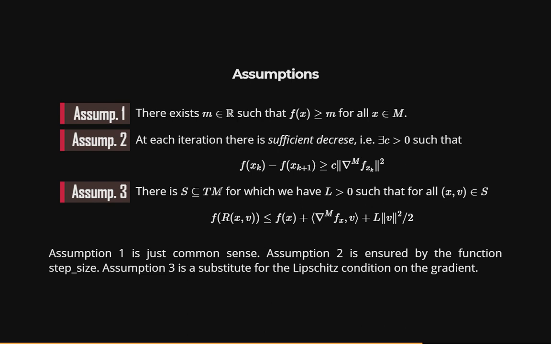For example, for the retraction I wrote you on the sphere, you can find a global constant. I don't remember the number, but for the retraction I wrote for the sphere, you can find a global constant that bounds everything on the whole tangent bundle.